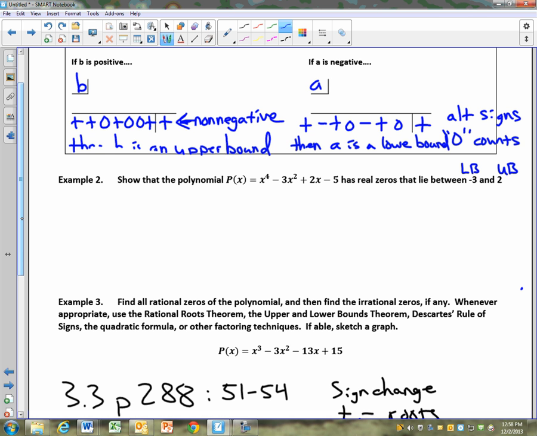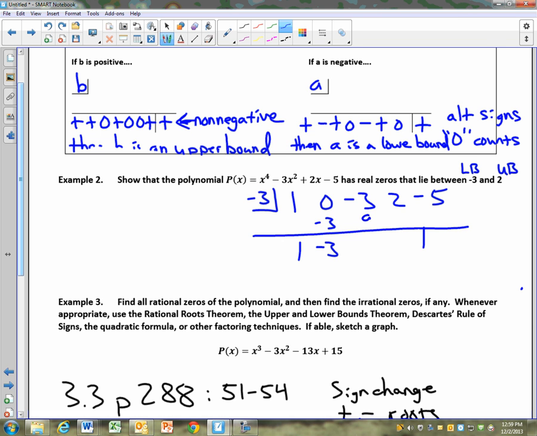So let's show that -3 is, in fact, a lower bound. The way I do it is I run it through synthetic division, and I look at my result. 1, -3, -3, 9, 6, -18, -16, 48, 43.